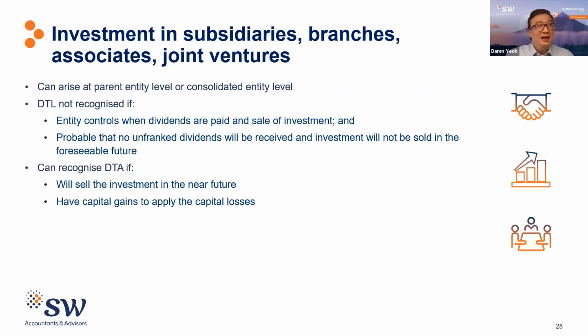And secondly, it is unlikely that you're going to receive an unfranked dividend, or you're going to sell that investment in the foreseeable future for a gain. In terms of a DTA, a deferred tax asset, that means you have an unrealized capital loss. The same criteria as I mentioned earlier would apply.